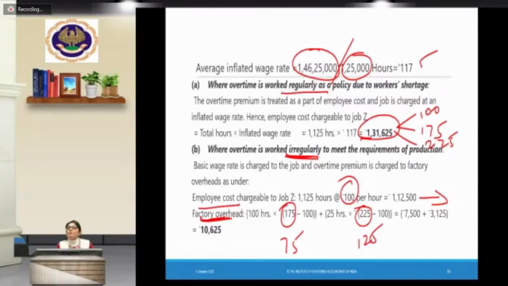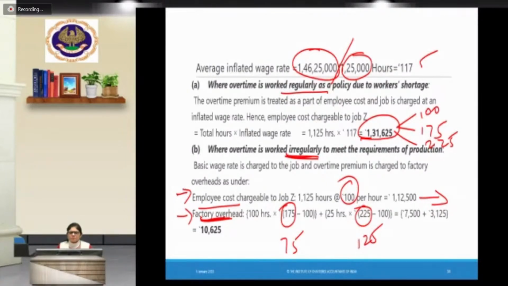It's not abnormal, it's irregular. So there's a difference between the two. Had it been abnormal, it would have gone directly to the profit and loss account. It would not be charged to that department. But here it will be between the direct cost and the indirect cost. So the normal will be charged to the normal production cost, and the rest, whatever is the extra cost, will be charged to the overheads, indirect.